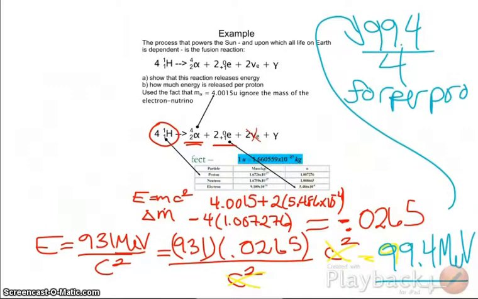So we get a change in mass of negative 0.0265. It's negative, so your mass is going down, so you're releasing energy. You can take your equation and put it into megaelectronvolts. So take your atomic mass units, convert to megaelectronvolts, and you get 99.4 megaelectronvolts of energy released. And per proton, you just divide it by 4. Good luck!